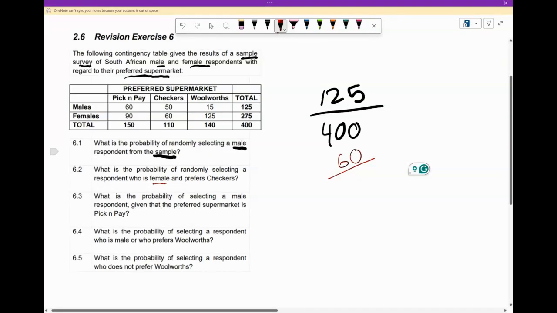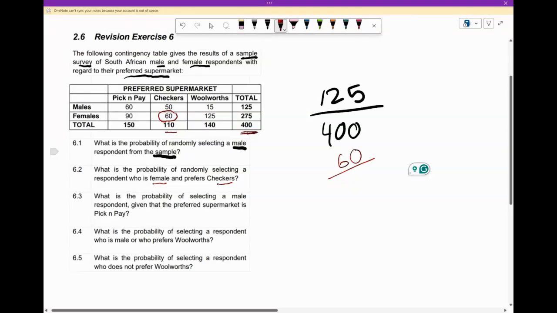Over 110. Where are we selecting out of? So this 60, why are we picking this 60? Because we look at the females. Yes, they're 60, right? But our selection, where are we selecting out of?